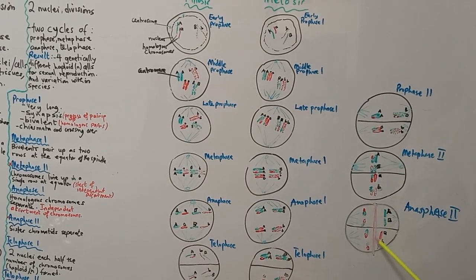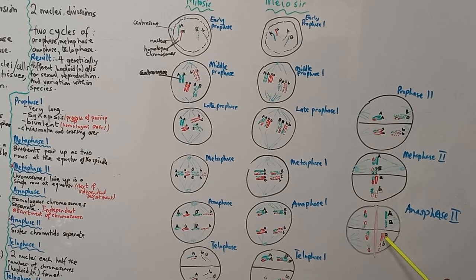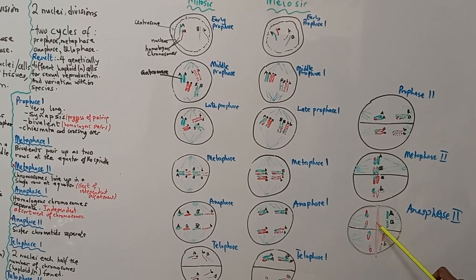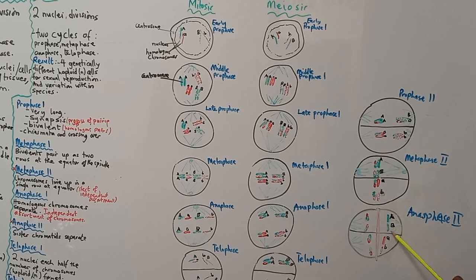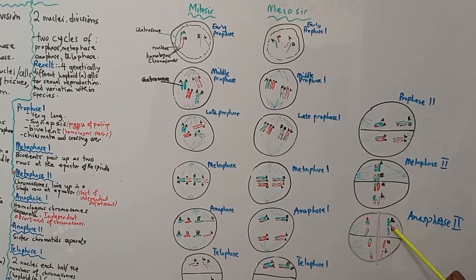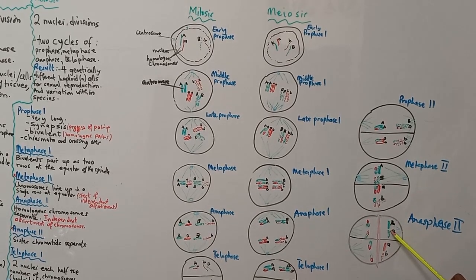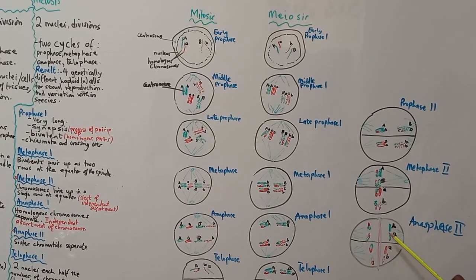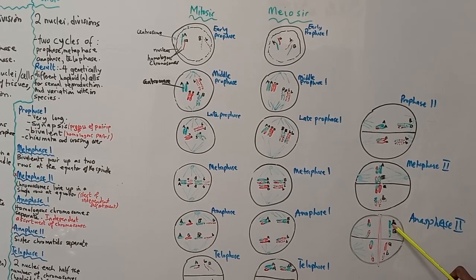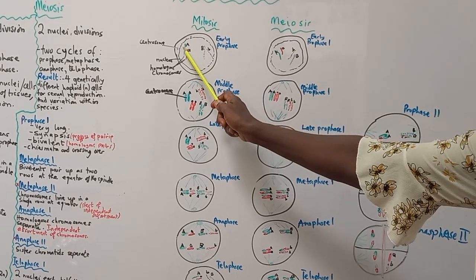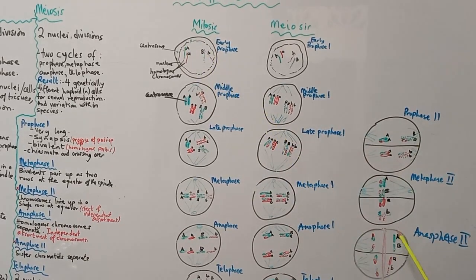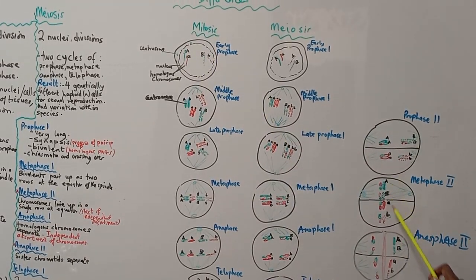By telophase 2, the 4 nuclei are formed, and each nucleus contains half the number of chromosomes that we started with. For instance, in this nucleus, you have this chromosome and this chromosome.